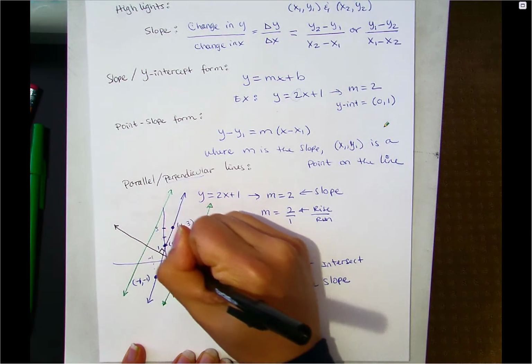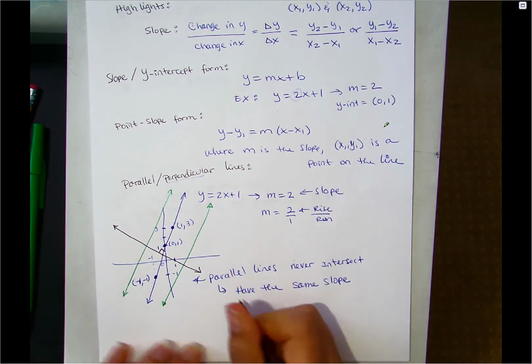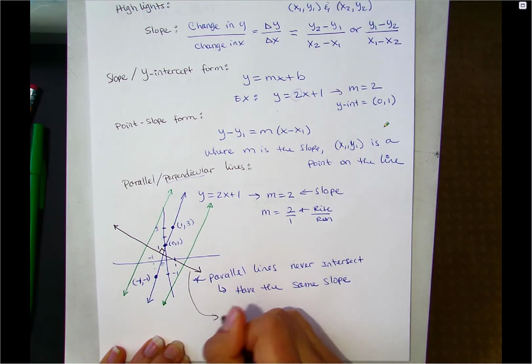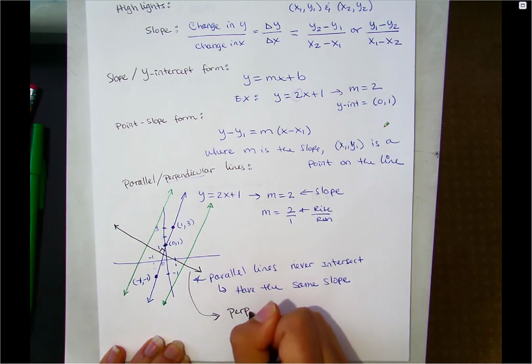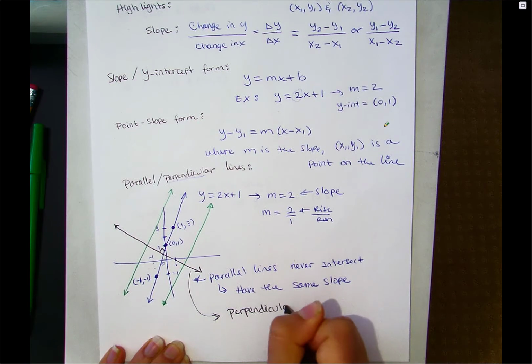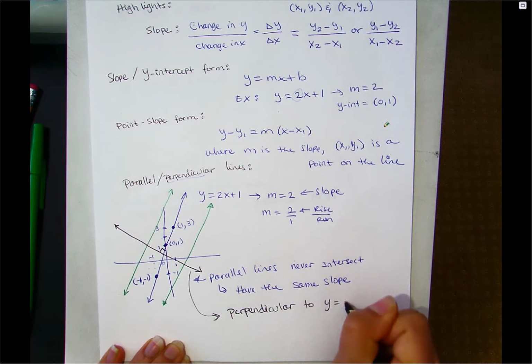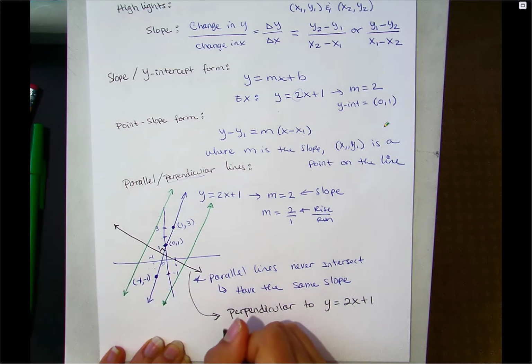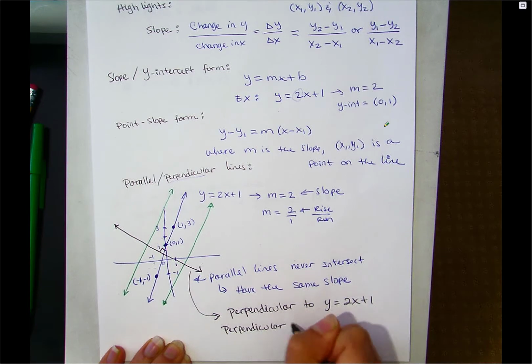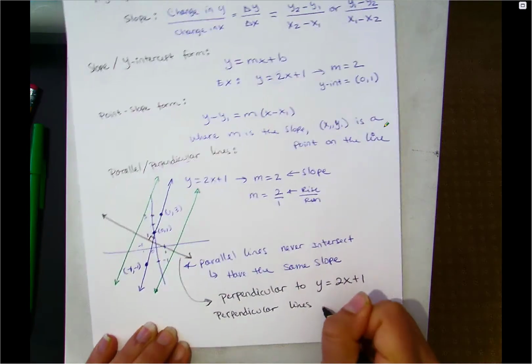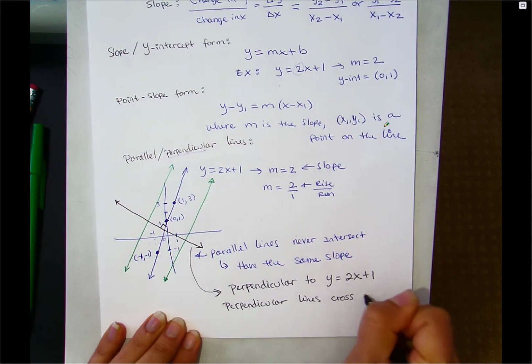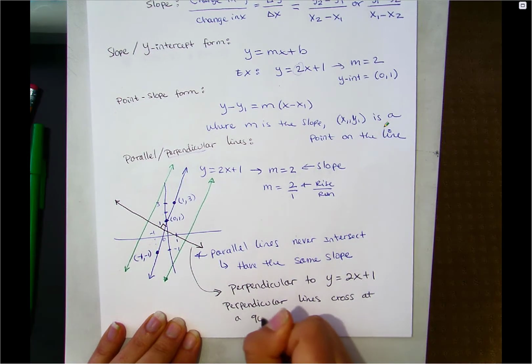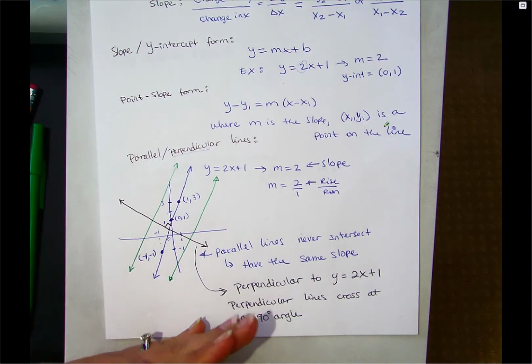So if I continue that line, the black line here, this line is perpendicular to y equals 2x plus 1. So perpendicular lines cross at a 90-degree angle. So they meet at 90 degrees.